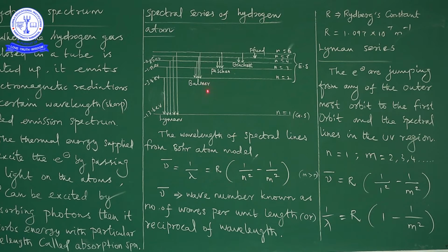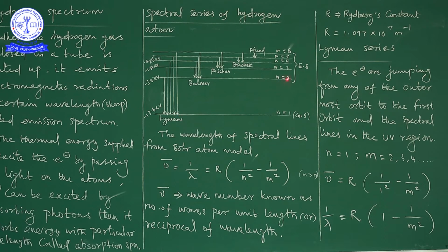See here, there is a diagrammatic representation. In the diagram, we are considering 6 energy states. Look here, n equals 1 is called the ground state. The value of the ground state is minus 13.6 electron volt.